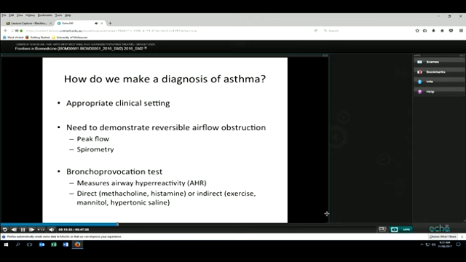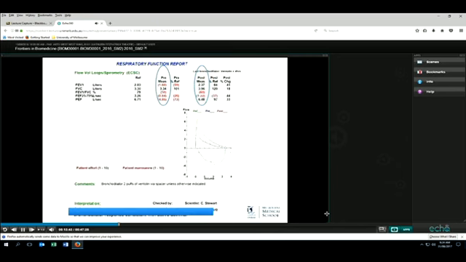And this provokes different pathways, not directly at the immune effector cells. So this is a reasonably typical respiratory function test of someone with asthma. And I guess I'll give you 10 seconds to just try and interpret the numbers yourselves.